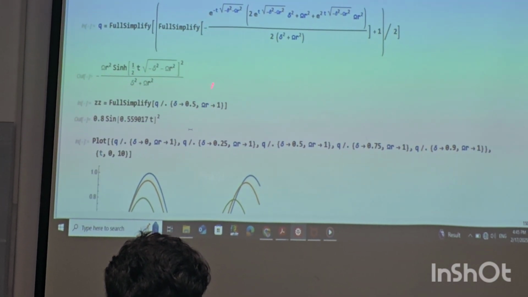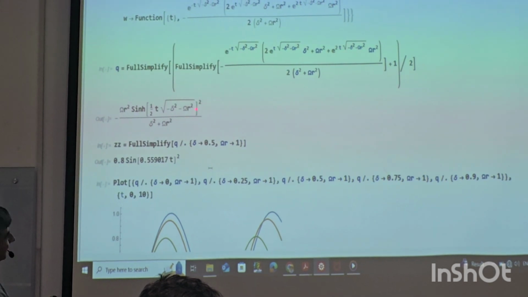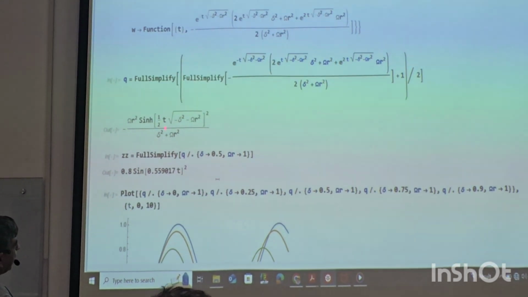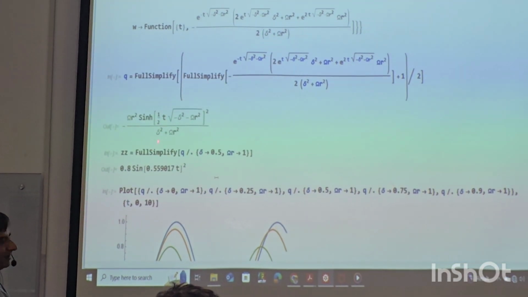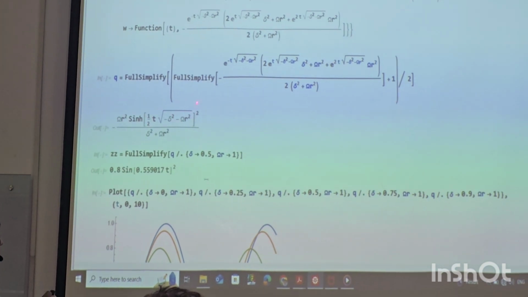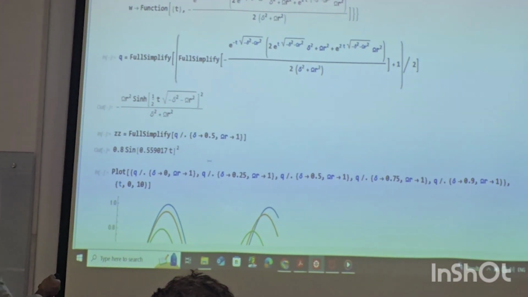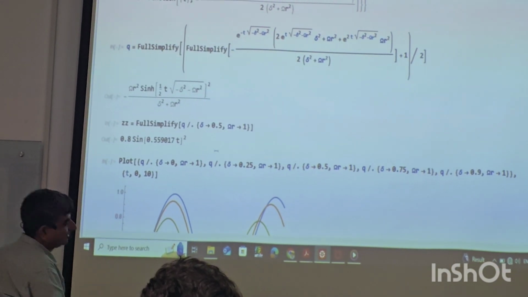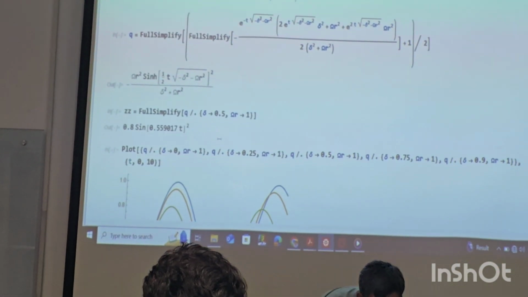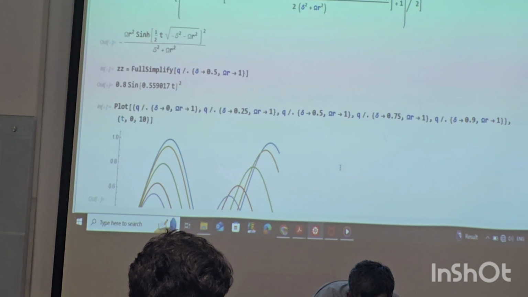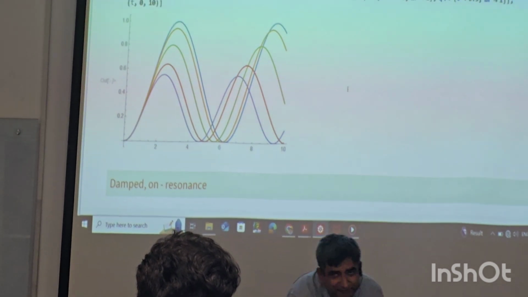So when I plot this, notice that this is sine of Ω t over 2, actually a sine function. So I plot this, and for varying values of off resonance, I get this nice curve.